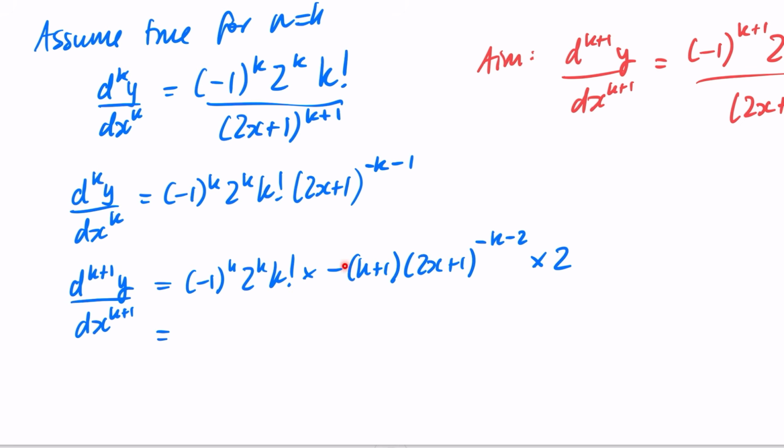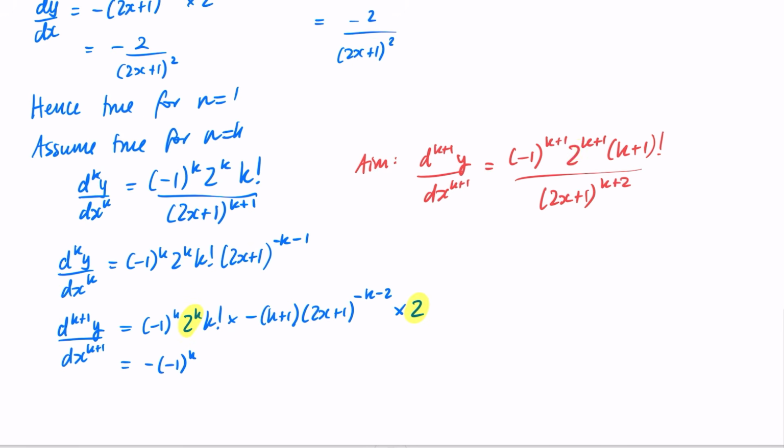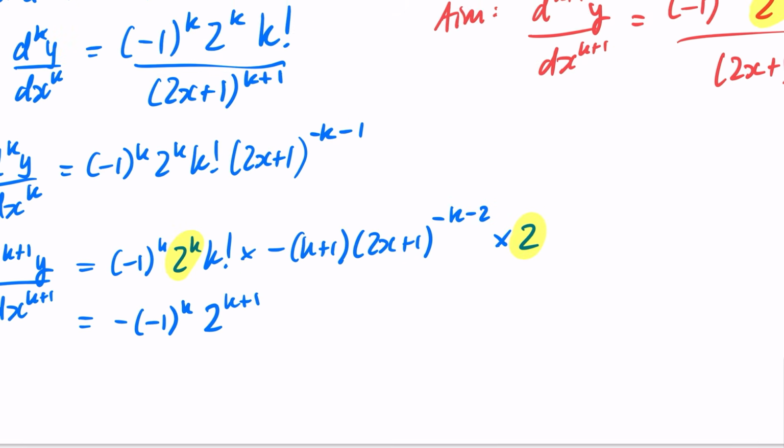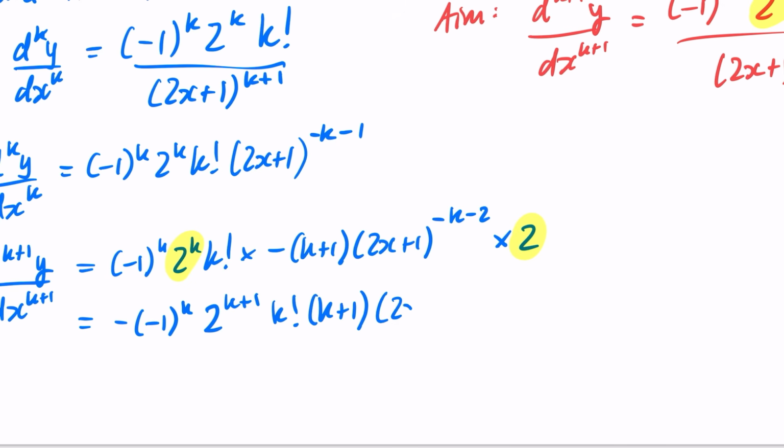So we have a minus with this part. So I'm going to write at the beginning, it's (-1)^k. And we have a 2^k and a 2. Well, that's good, because that's going to give me my 2^(k+1). And then we have a k! with a (k+1). And then we have this bit, which is (2x+1) to the power of minus (k+2).